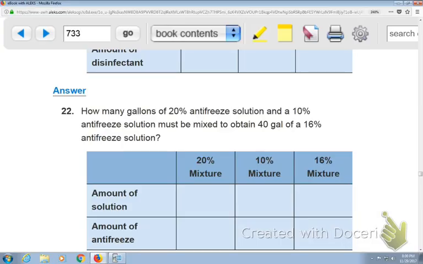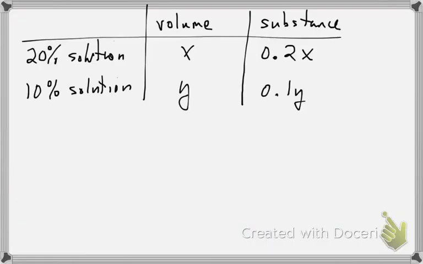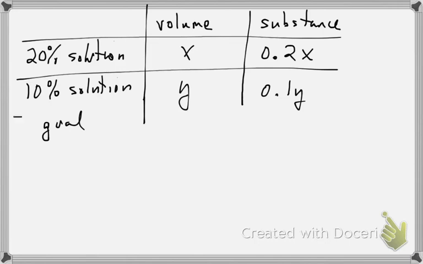So once we put that together, what's our goal? To get 40 gallons of a 16% solution. So the total volume there would be 40.